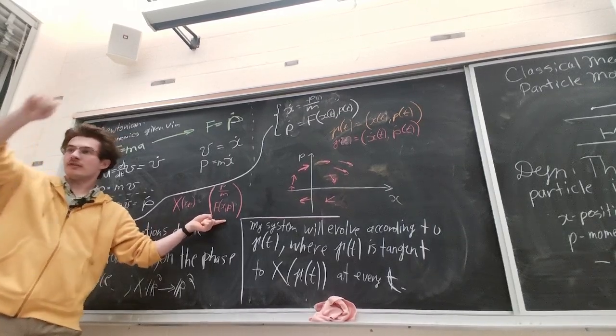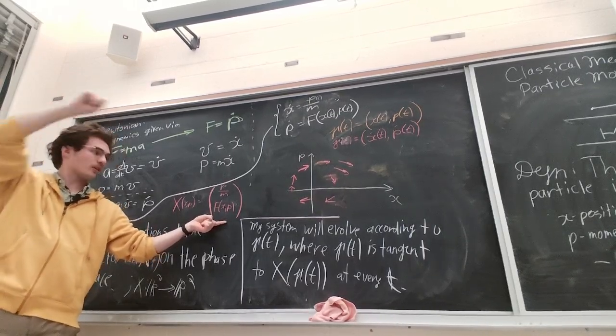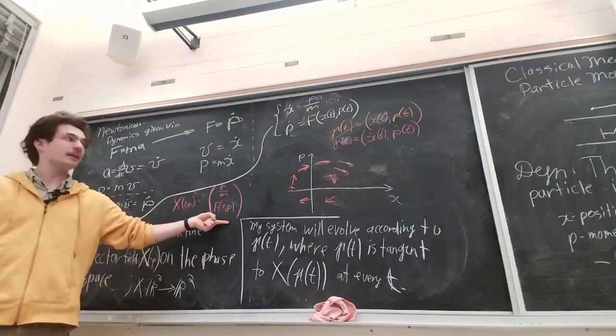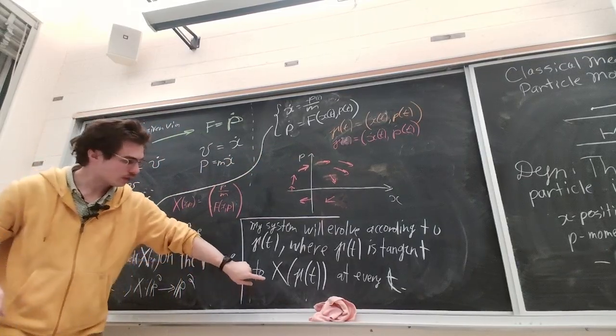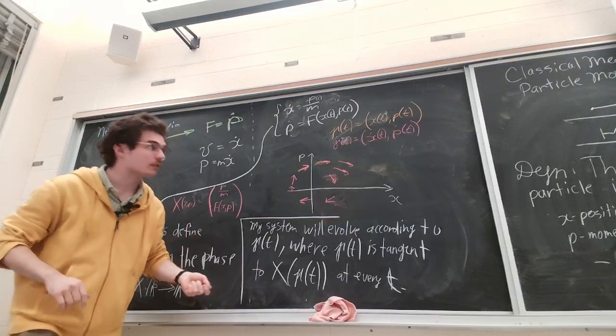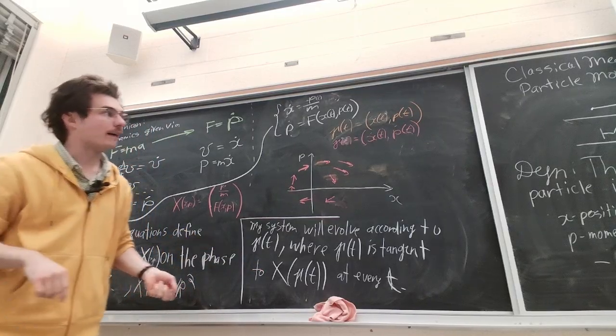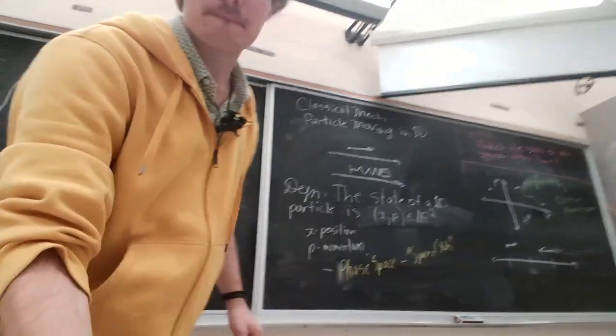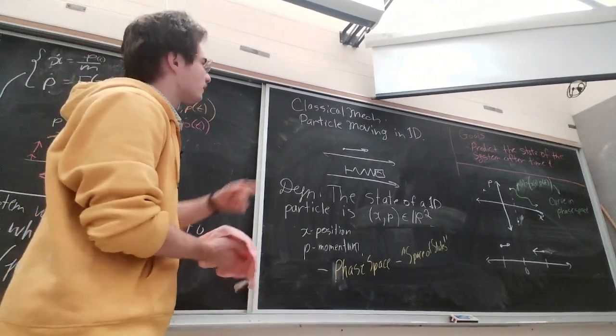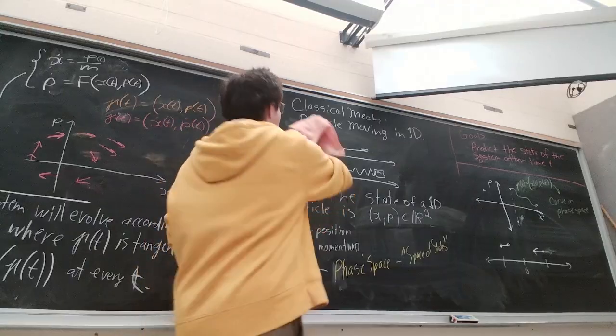So the tangent vectors to the curve have to be these guys, meaning that gamma dot has to be precisely equal to this. And so in other words, okay, can I erase this other board? Or at least parts of it? Is this okay?